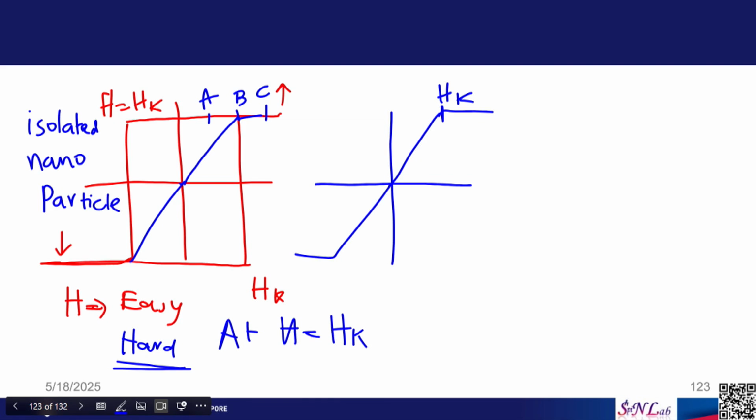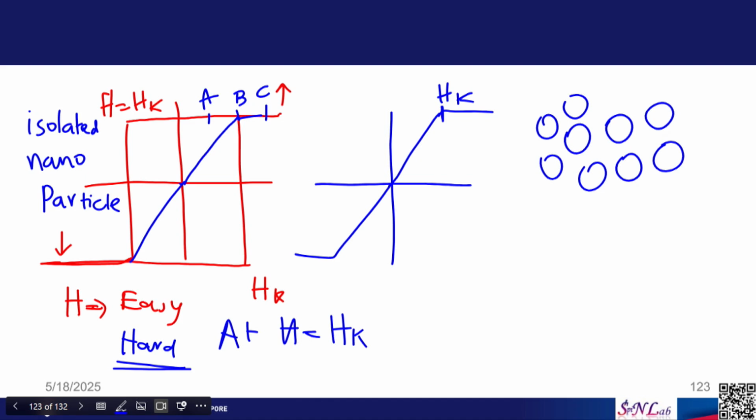Okay, let us say you have another system. For example, let us say you prepare nanoparticles. So, you have a lot of nanoparticles isolated from each other. These are all single domains, but now you have a collection.